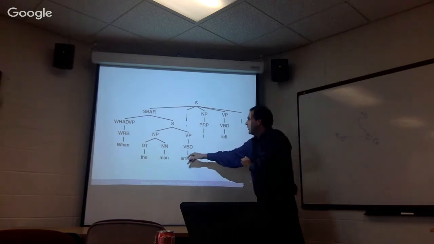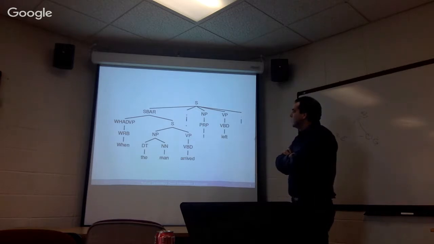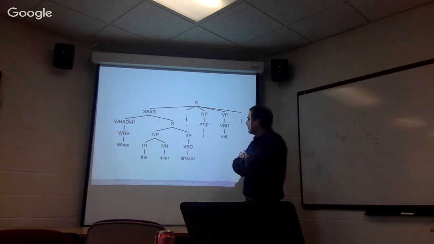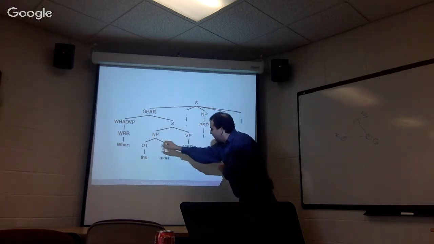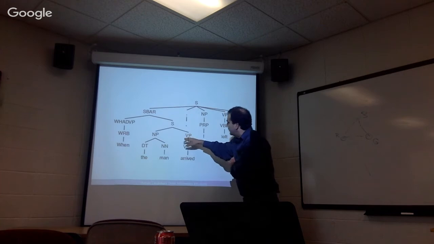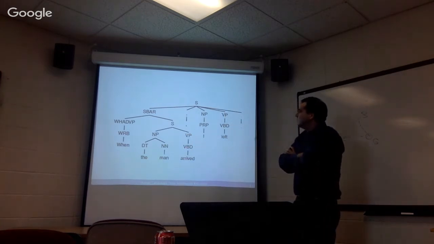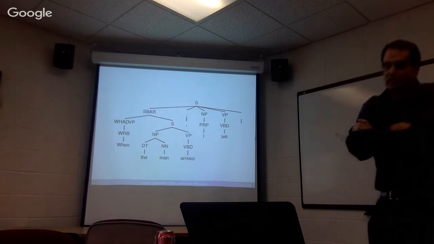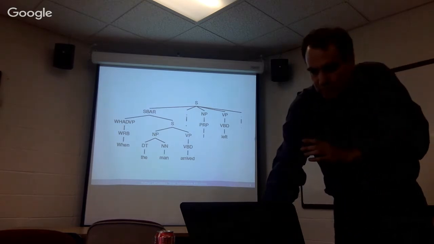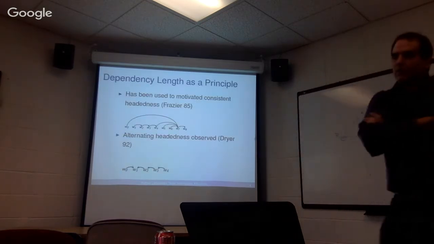So, for example, arrived is the head word, the main verb of the sentence, the head word of the main clause. And so, applying the dependency from the head word of this phrase to the head word of this phrase that it's sibling with, that's where the dependencies come from.